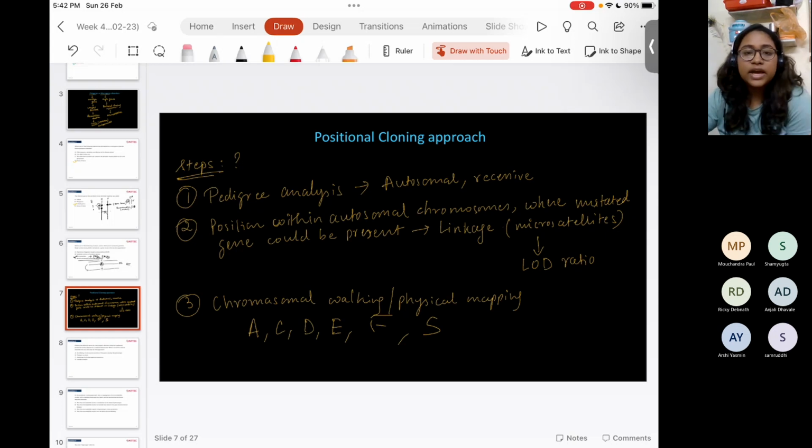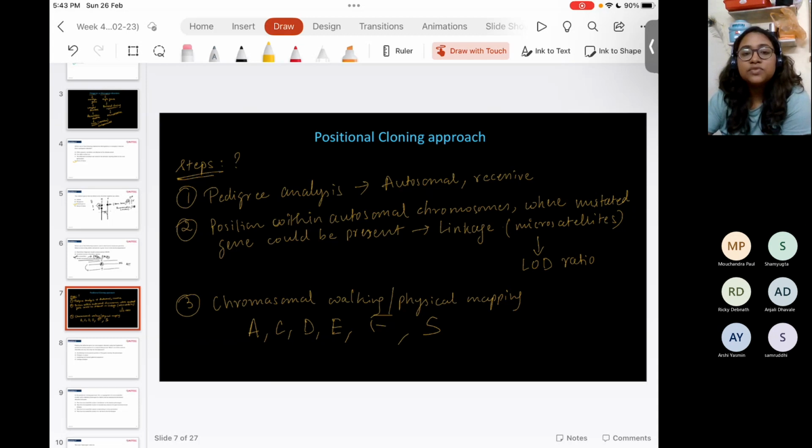Then after you have identified one gene, you have to validate that. You have to validate using an animal model, maybe where you have created a knockout mouse where that particular gene is deleted, and you see what phenotype that mouse is displaying, and you compare it with the phenotype that is normally associated with the disorder that you're studying.